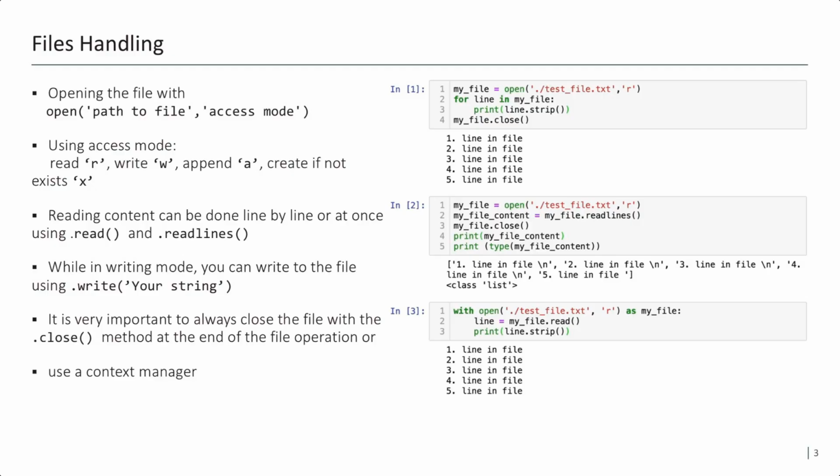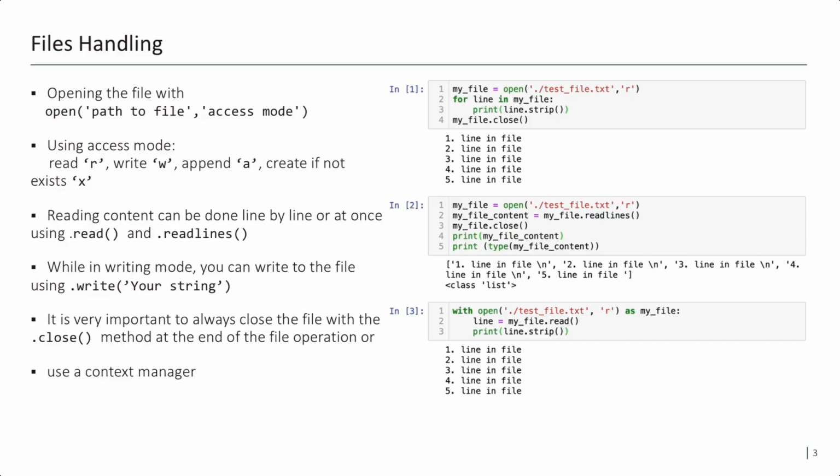In input cell number 2, a file is opened, but instead of reading it out line by line, the whole content of the file is read out at once using the readlines method. After the readlines method, the file is closed.